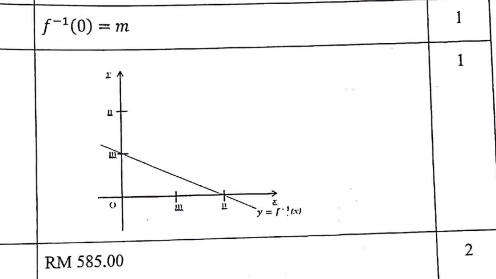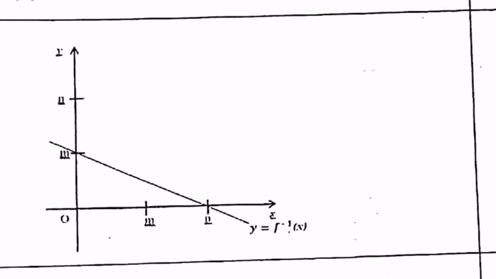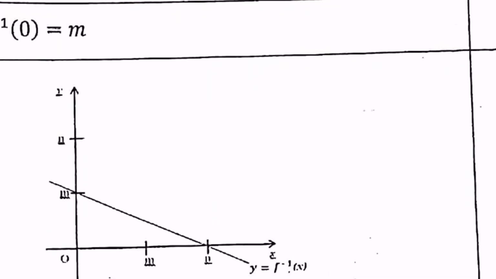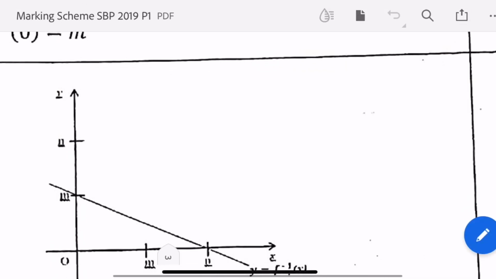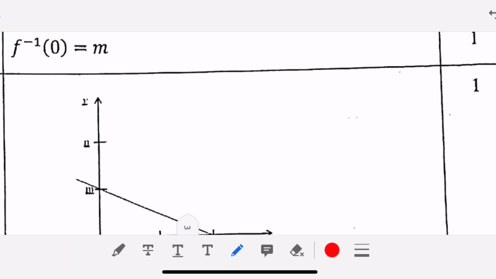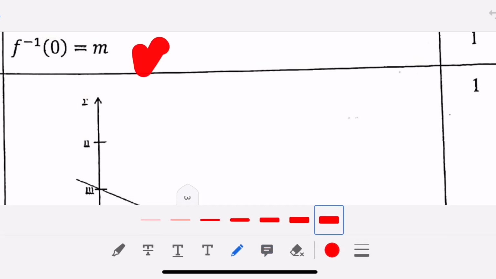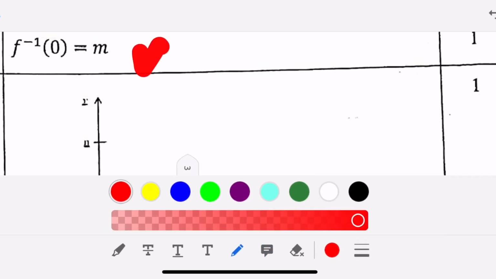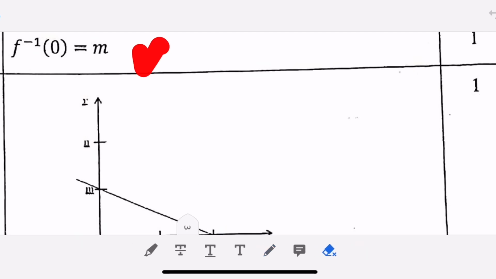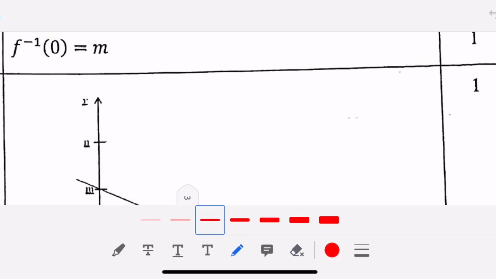That is the answer for A. And for the sketching, part B, that is the answer given. You draw a straight line, use your ruler. The line must pass through the y-intercept at m and the x-intercept at n. Please make sure you got the right answer, which is m for A, and for B you need to sketch a straight line on the diagram given.